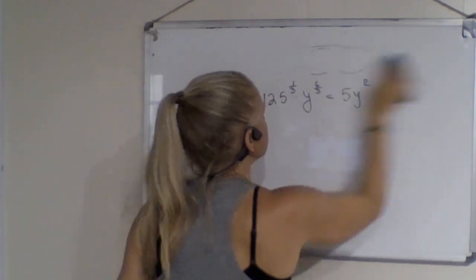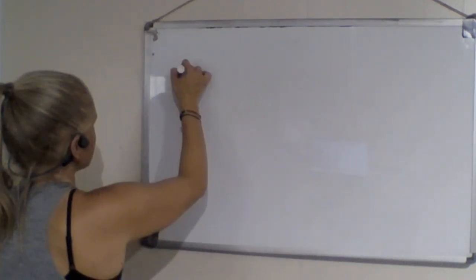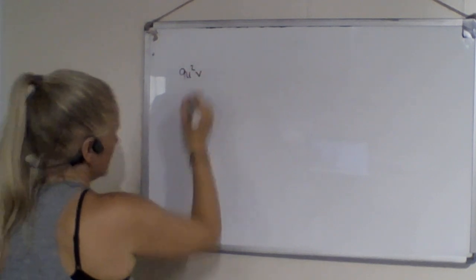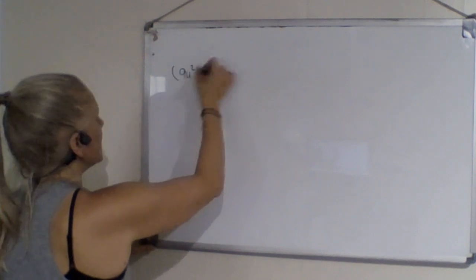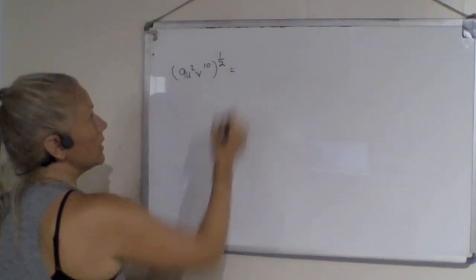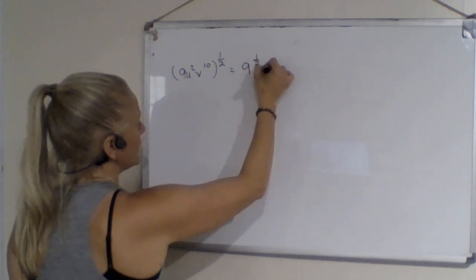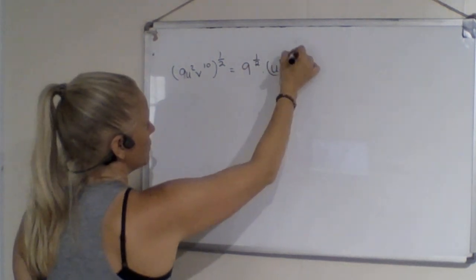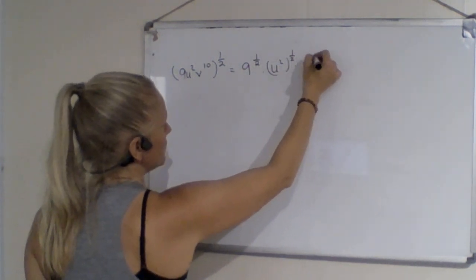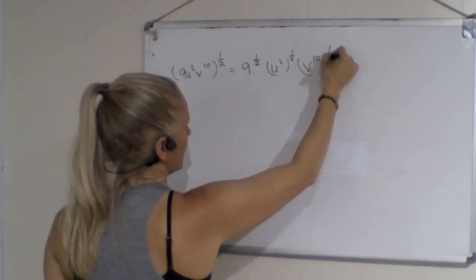Let's look at another example. It tells us 9 u to the second, v to the 10th, and all of it to the 1/2. Well, remember we can distribute this as 9 to the 1/2 times u to the second all to the 1/2 times v to the 10th all to the 1/2.